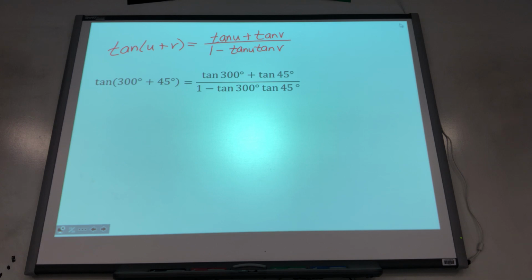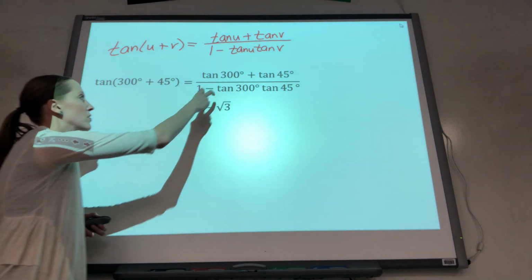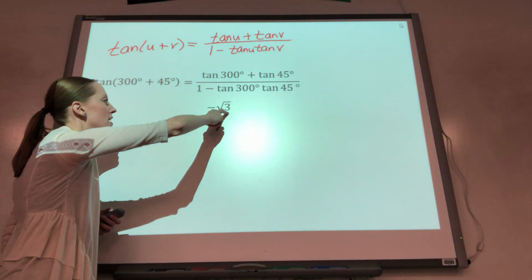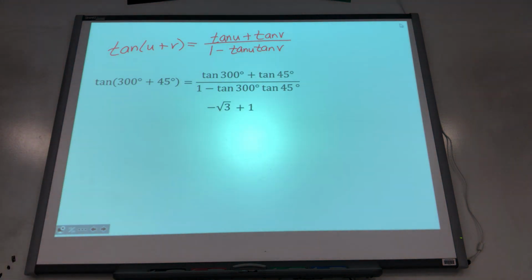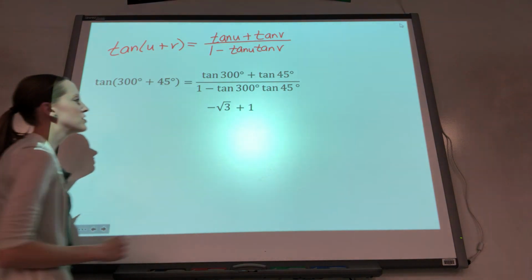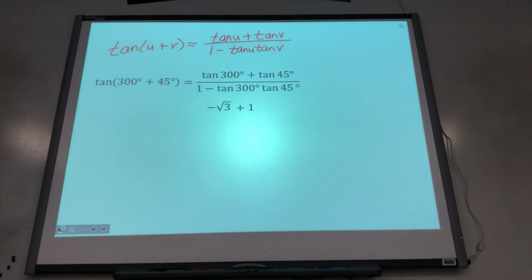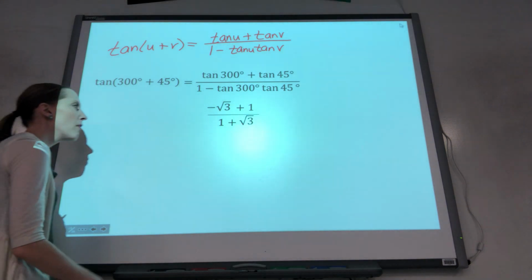Now, on bottom, you're going to have a little bit more simplifying to do. The top, we don't have a whole lot to do. Tangent of 300 is negative radical 3 plus tangent of 45, which is just 1, all over 1. I'm going to change it to a plus.